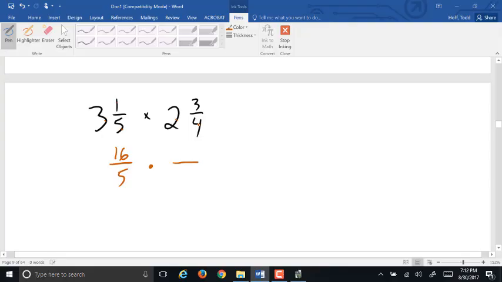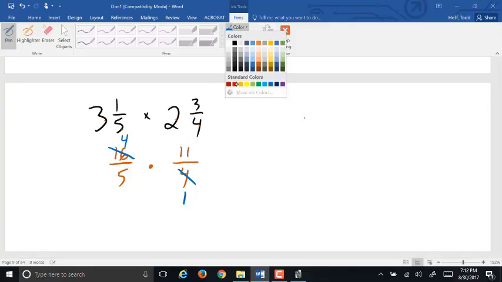Perfect. 2 times 4 is 8, plus 1 is 11/4. Now what? The 16 and 4. Yep. 16 divided by 4 is 4. And 4 divided by 4 is 1. Good. Now we can multiply.